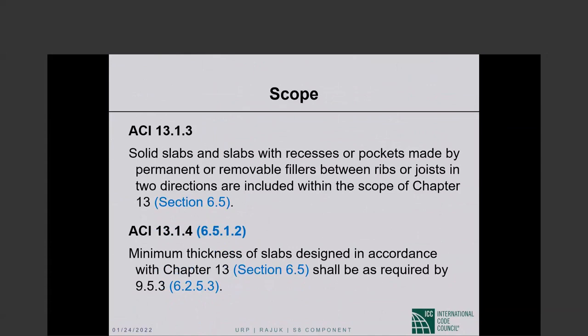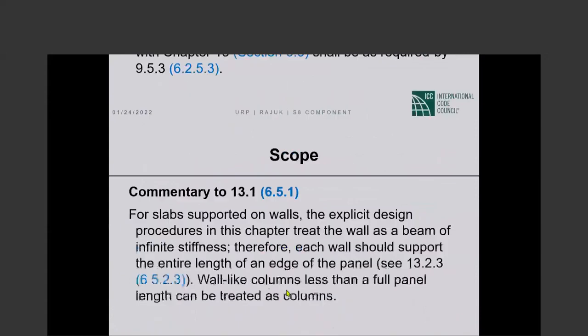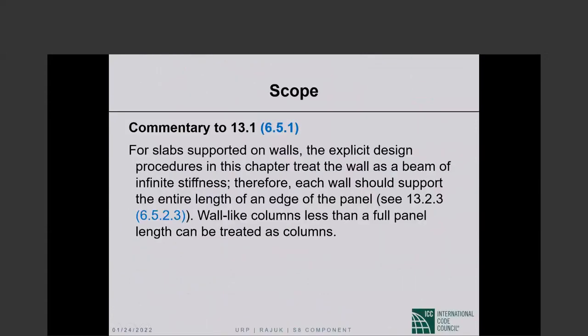So those pockets and fillers are not uncommon, and that does not remove the slabs from the scope of Chapter 13. Minimum thickness of slabs are given actually in Chapter 9, and we have discussed some of it, and we will rediscuss some of it.